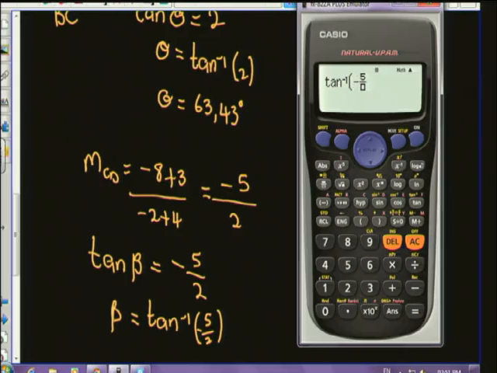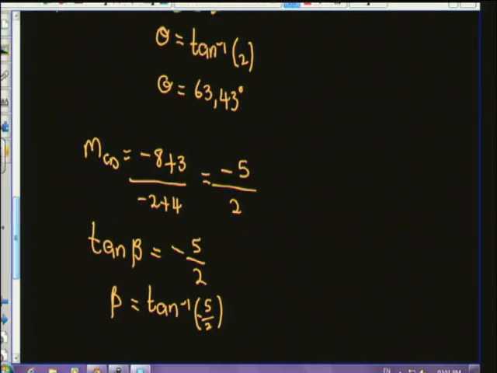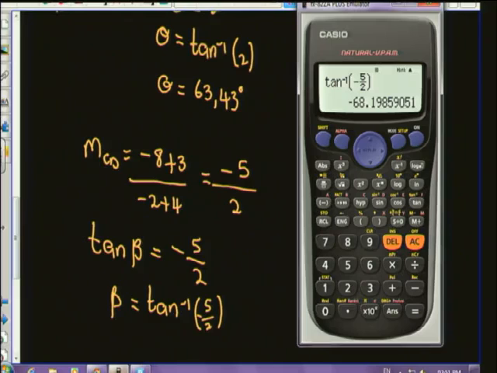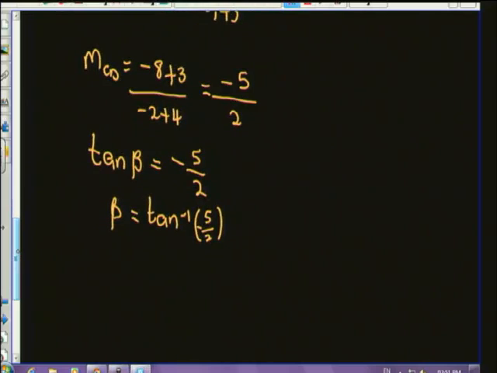Okay, let's close that. And we get an answer of 68.20 if you round it off to 2 decimal places.